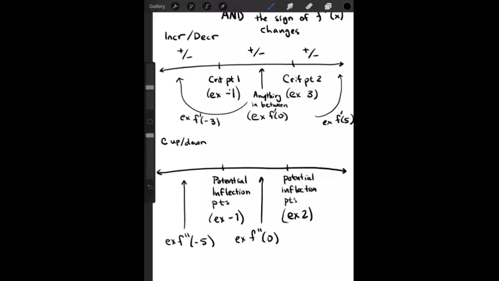Maybe that's easy for some reason. And here we could plug in critical points if we want. Nothing's stopping us from plugging in critical points, but critical points aren't necessarily going to get us what we want. We also want in-between points, just like we wanted for increasing and decreasing.